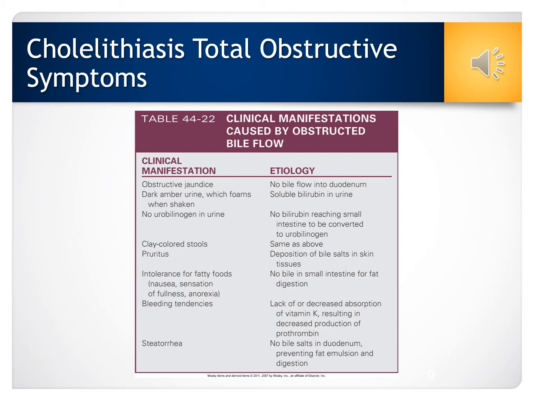When there is obstructed bile flow, the following clinical manifestations may arise. You may have obstructive jaundice, dark urine, clay-colored stools, pruritus, intolerance for fatty foods, bleeding tendencies, or steatorrhea.